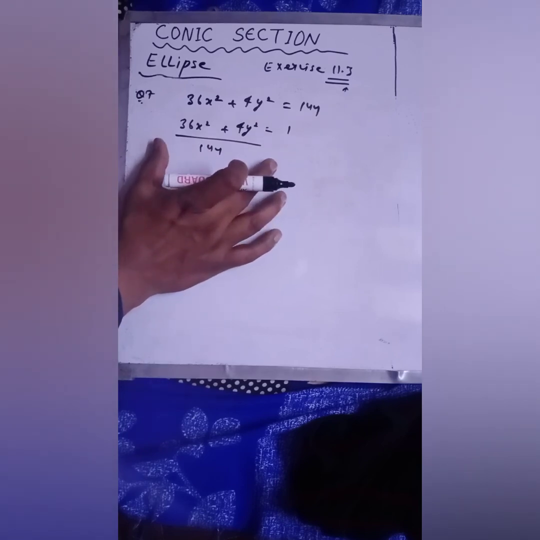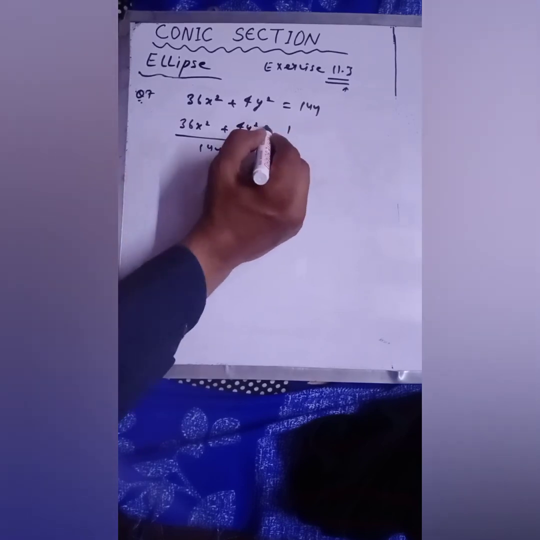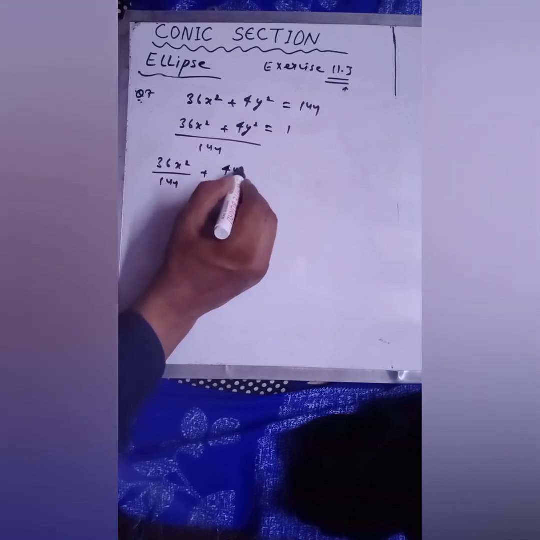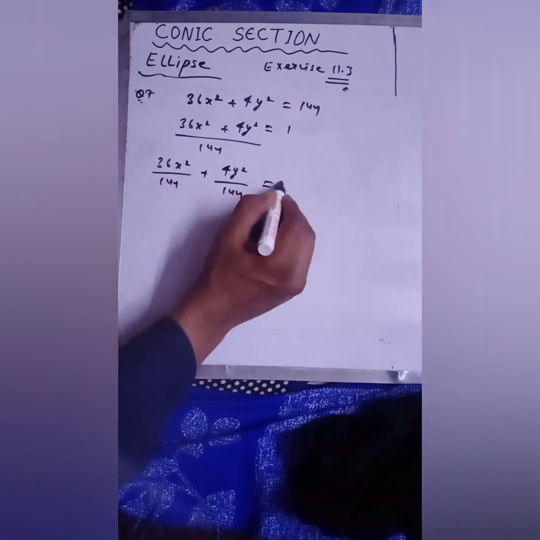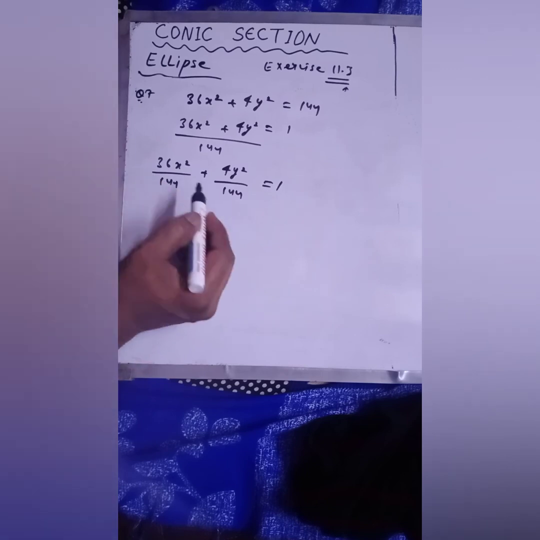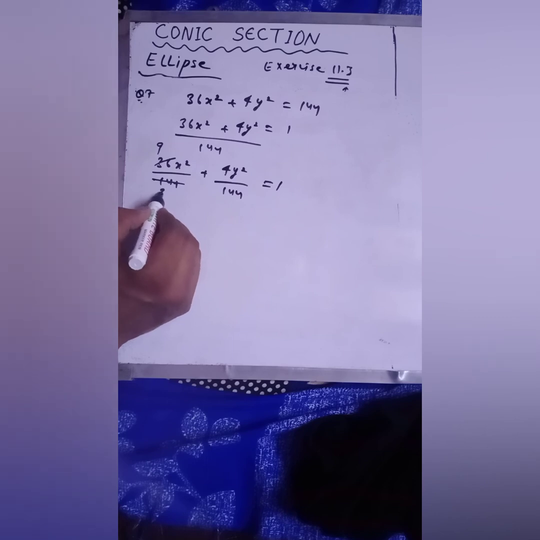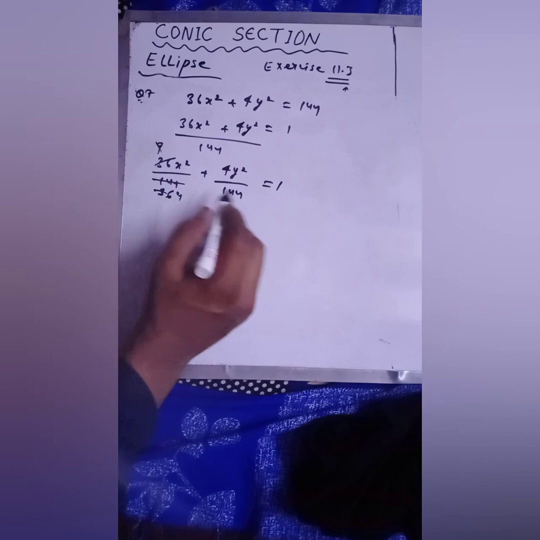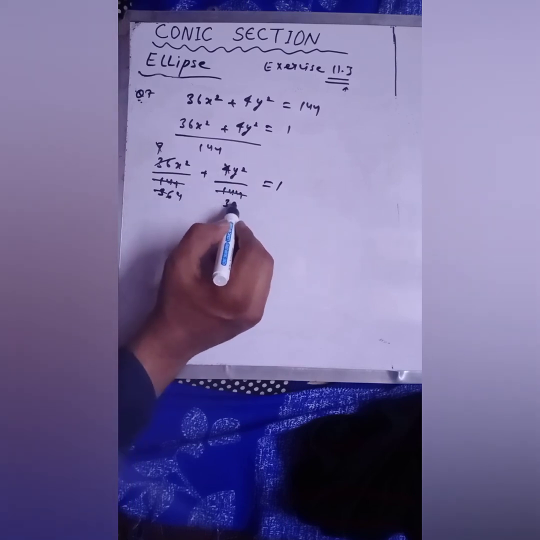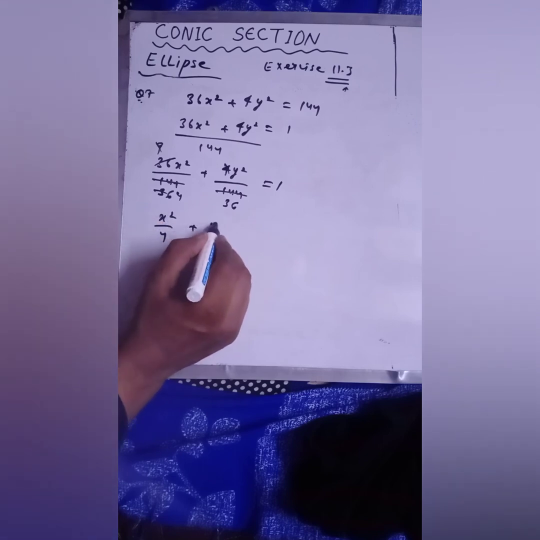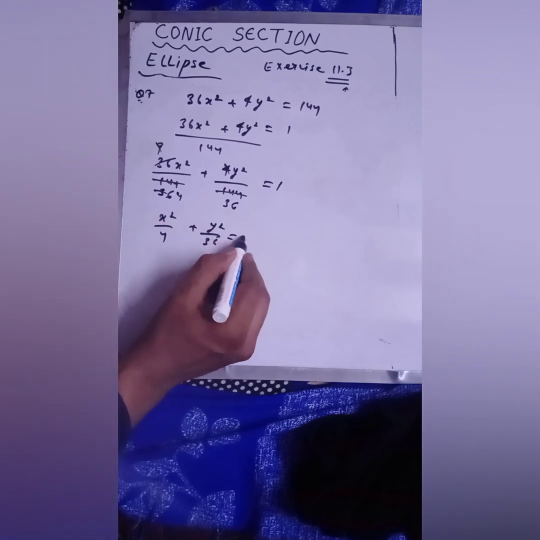Okay, इसे मैं ऐसे लिख सकता हूँ. ठीक है. नेक्स्ट स्टेप में क्या करना है? 36x square over 144 plus 4y square over 144, that is equal to 1. अब इसको कैंसिल कर दो. 4 9 the 36, 4 1 the 4. Similarly 4 36 the 144. So the equation is x square over 4 plus y square over 36, that is equal to 1.